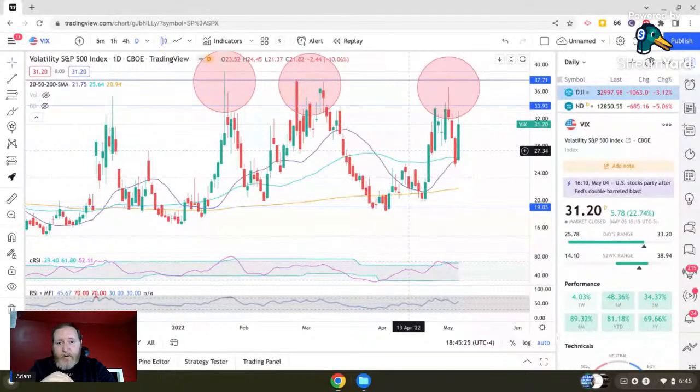The futures market, according to the CME FedWatch tool, is assigning, I almost got the numbers flipped, an 87.1% probability for a 75 basis point rate hike in June, despite what Fed Chair Powell said yesterday, that it's not being actively discussed.